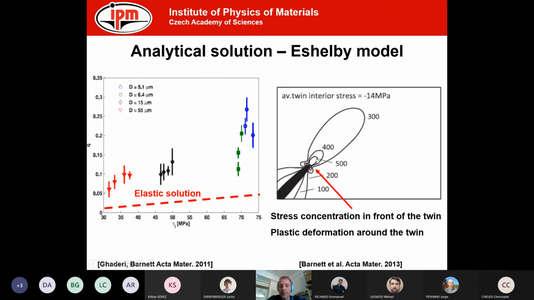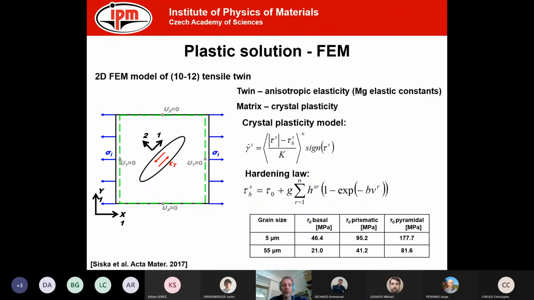And of course, in a real material, you will have some plastic deformation around this area, which will relax the stresses. So probably this is the reason for the increased twin thickness in reality. So we tried to check this, but of course for that you need to switch to finite elements to get the plastic solution of this problem.